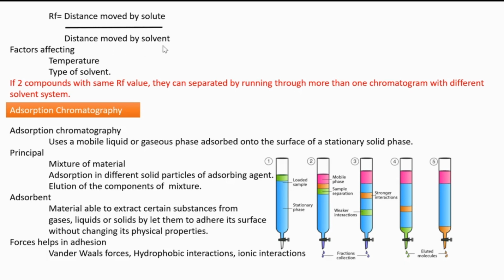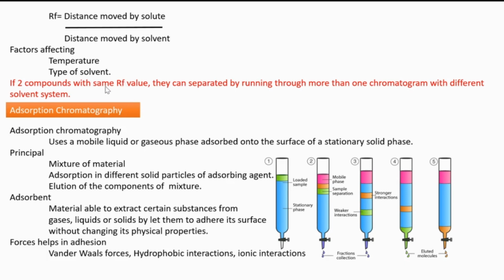Solvent means the mobile phase. Then temperature and the type of solvent can affect the RF value. The RF value may vary depending on the ambient temperature, the temperature of the place where we are conducting the experiment, and the type of solvent. Both of these affect the RF value.